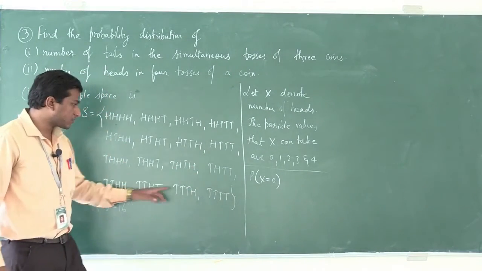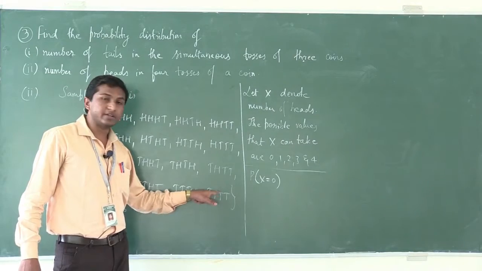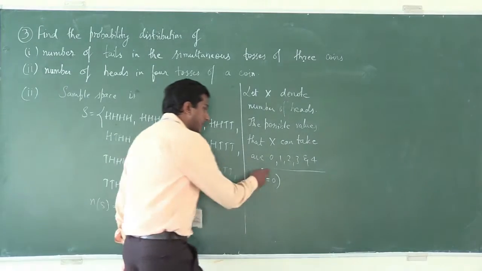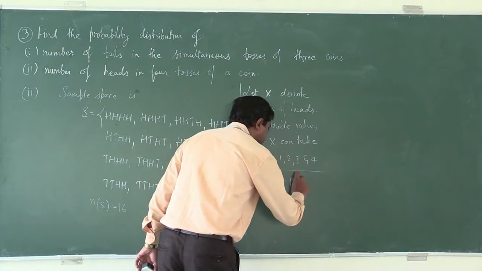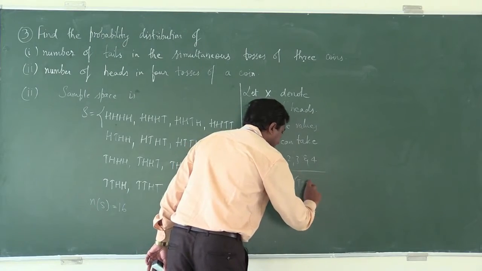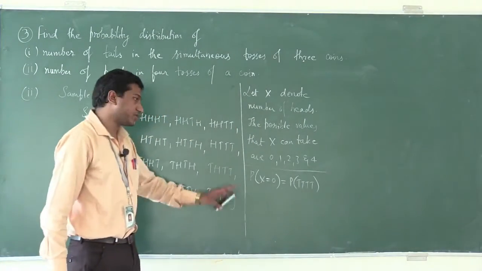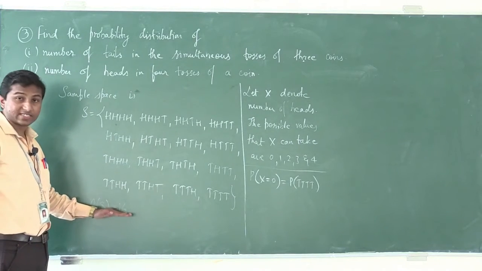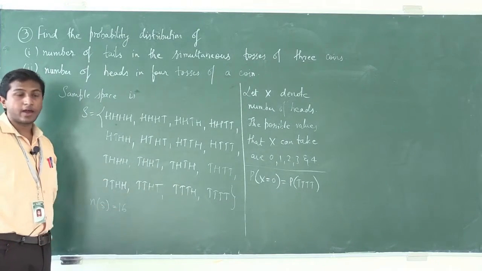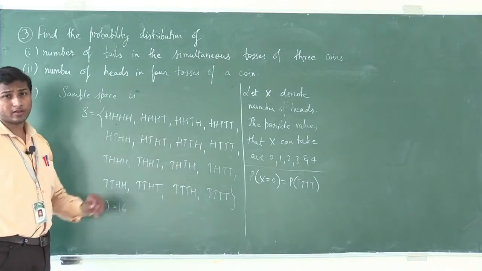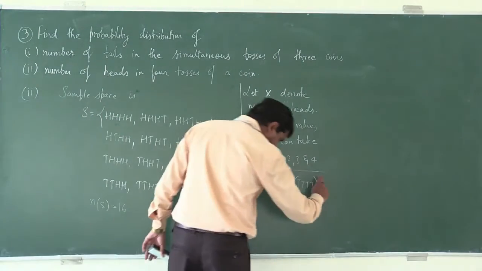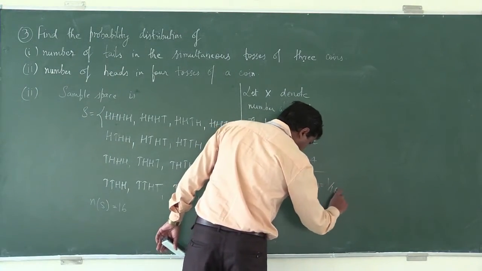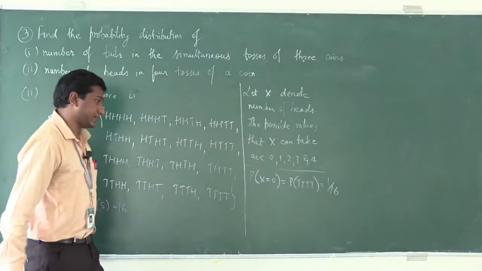When we have the outcome TTTT. So I can write this as equal to P of TTTT, which is nothing but, what is the probability of that? Totally we have 16 elements. Out of that I have taken 1 outcome. So probability is nothing but 1 by 16.